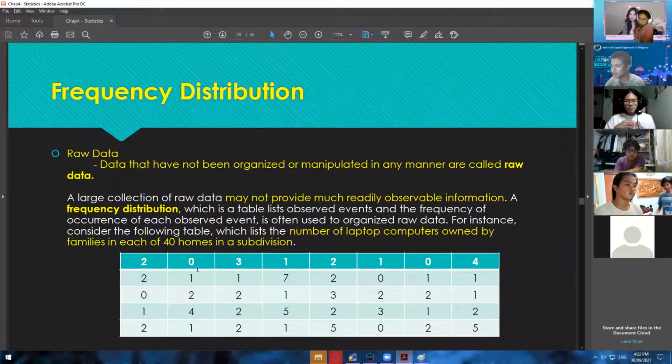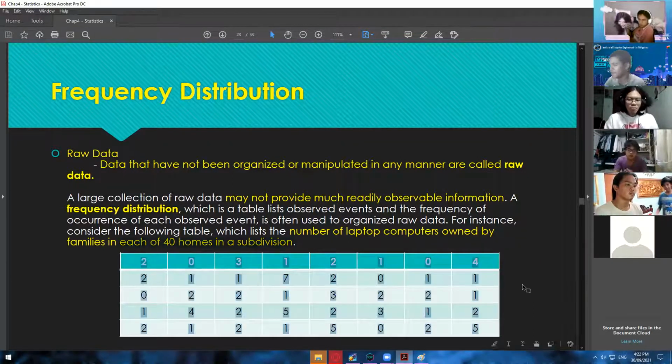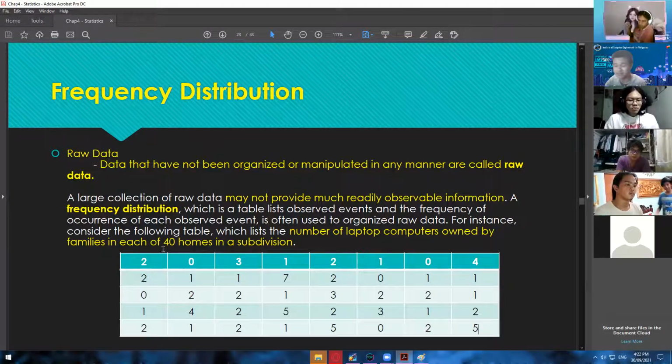I think maybe the mode of this one is 1. But after that you cannot do anything anymore. If you're going to get the median, you have to arrange this one. If you're going to get the mean, you also need to add everything and then count how many data. That's quite a pain to do.